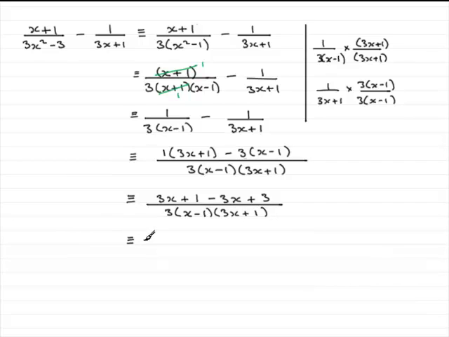Tidy up the top. What have we got? The 3x take away 3x, well that's nothing, and 1 add 3, which is 4. So we have 4 all over, and then 3 bracket x minus 1 and 3x plus 1. Okay, well that brings us to the end then of this question.